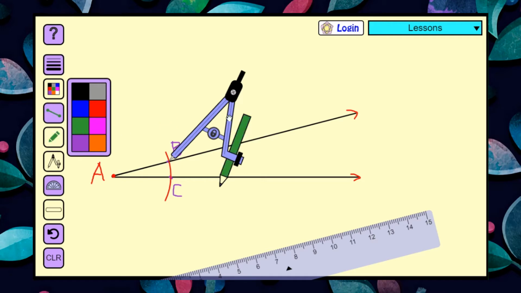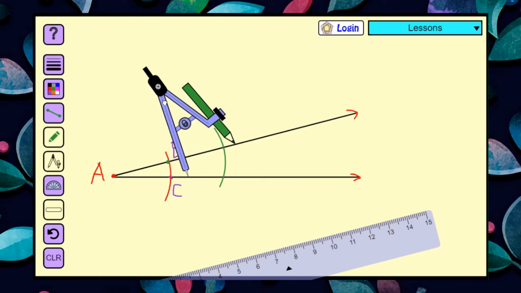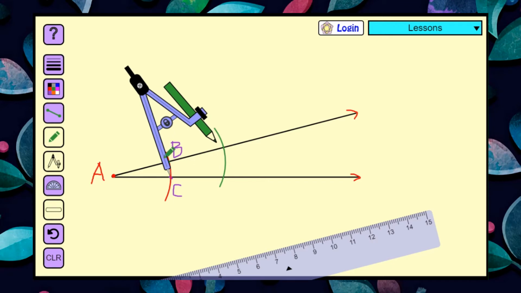So, gagamit ulit tayo ng another color para makita ninyo yung arc na ating i-drawing. Ayan. For the next step, using C as the center and with the same radius, you use in step number 3, draw an arc. So, uulitin lang natin yung ginawa natin sa step number 3.